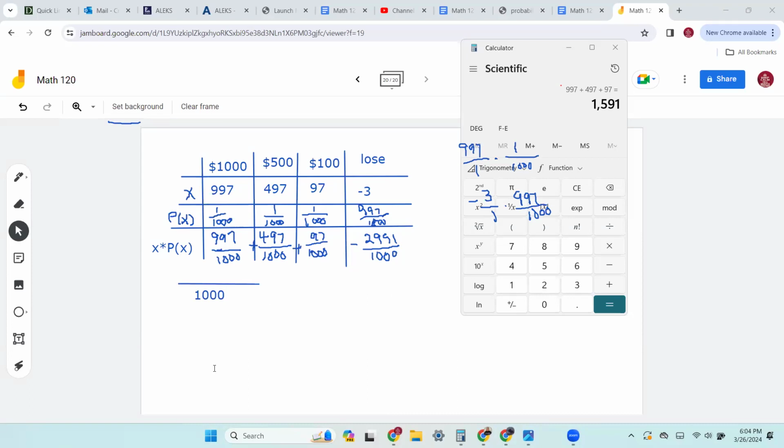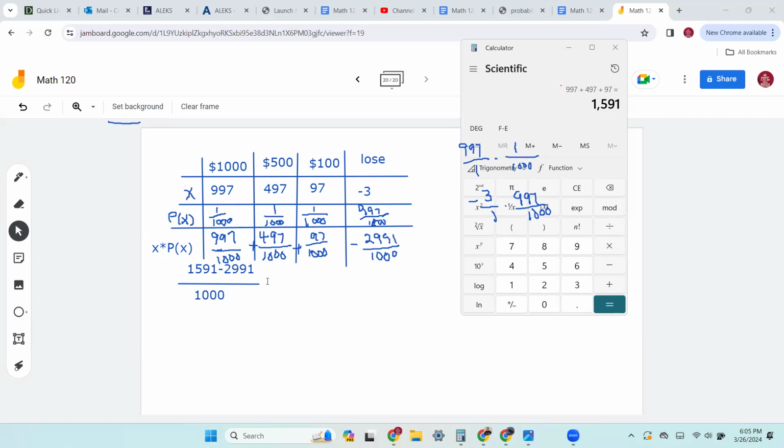Since it's all the same denominator, to add those fractions, we just place them over that common denominator. Now, up here at the top, the first three add up to 1591, and I'm subtracting 2991, because that's the only one that's negative. These three were positive.